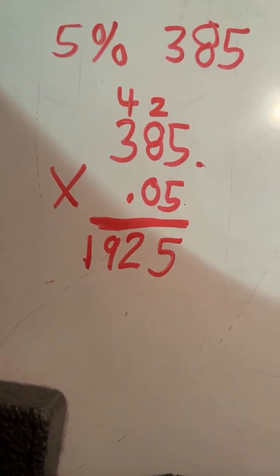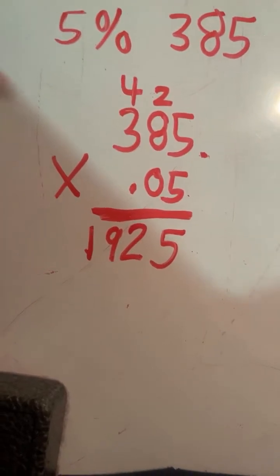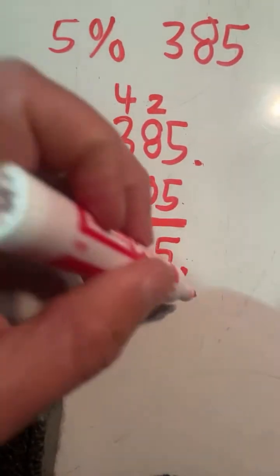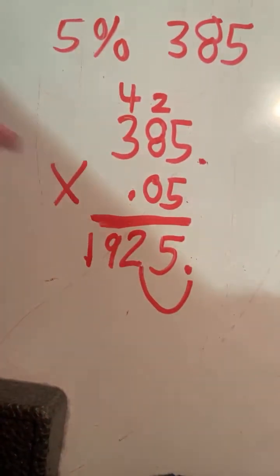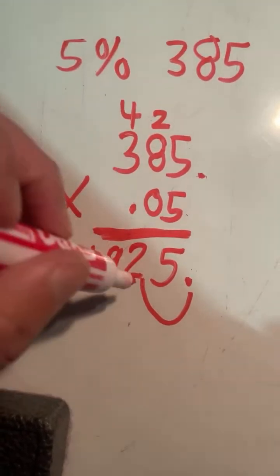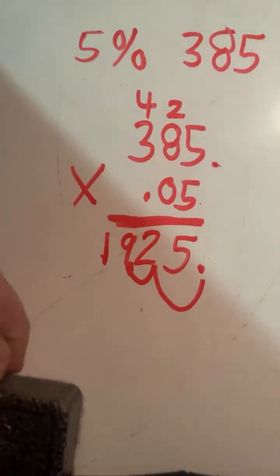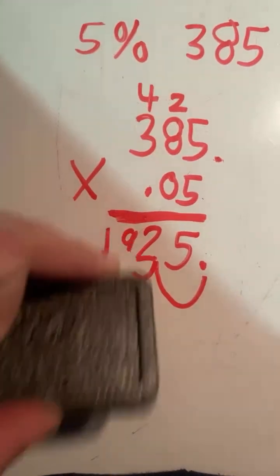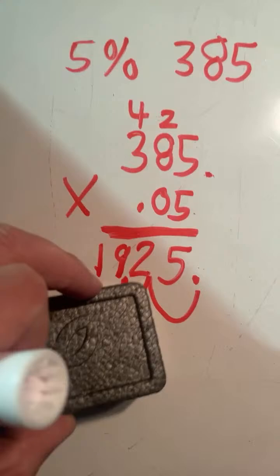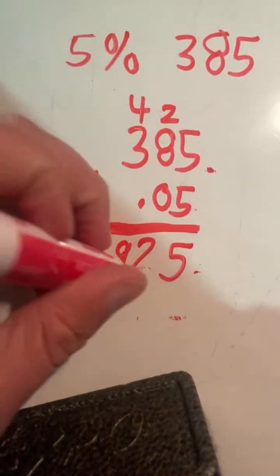But because we're trying to find a percentage, and because there's decimals in the mix, we have to move the decimal point over 2 places. So, if we move it over 1 place, that 1,925 becomes 192.5. If we move it over a second place, the answer becomes 19.25, or 19 and 25 hundredths.